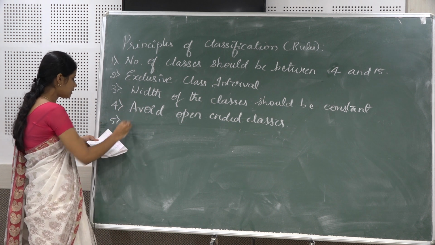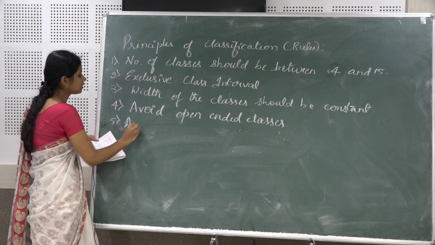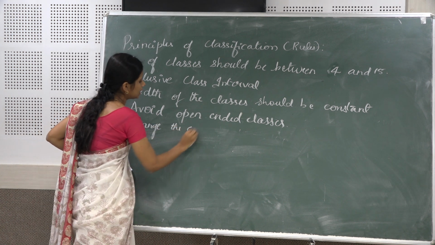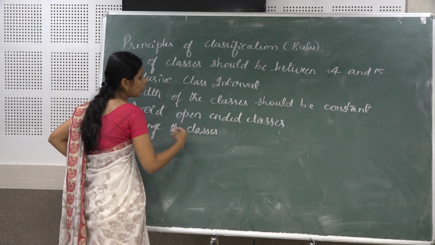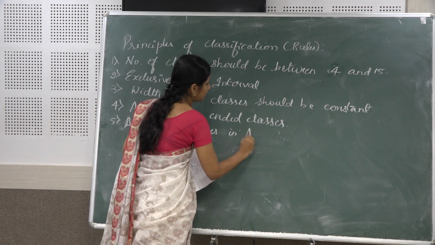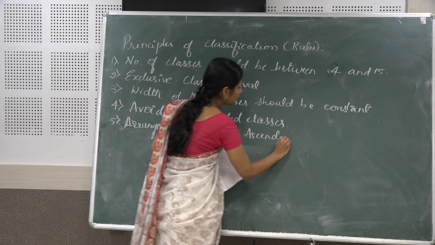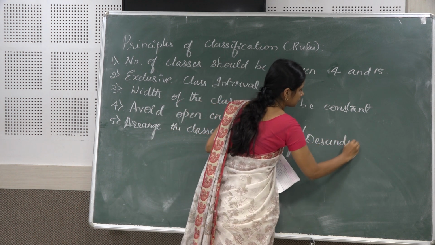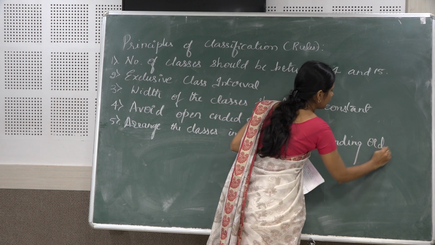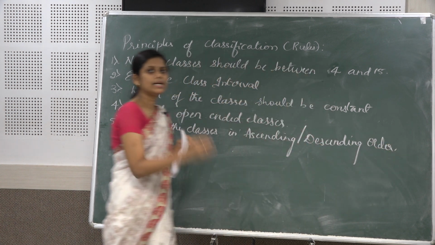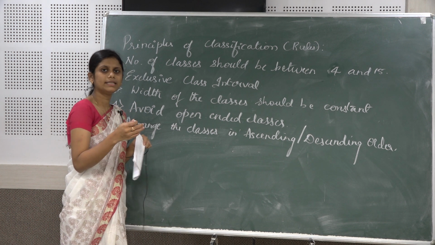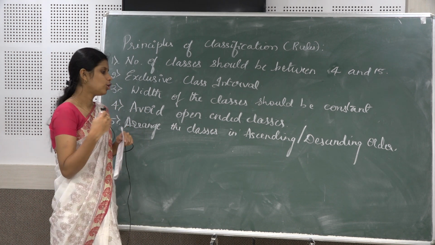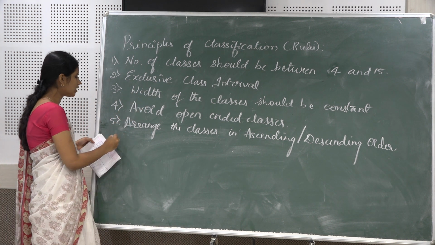Next, the fifth principle is you have to arrange the classes in ascending or descending order. Either classes should be in ascending order or descending order. Either it should be from lowest to highest or from highest to lowest. Like this you have to arrange the classes.